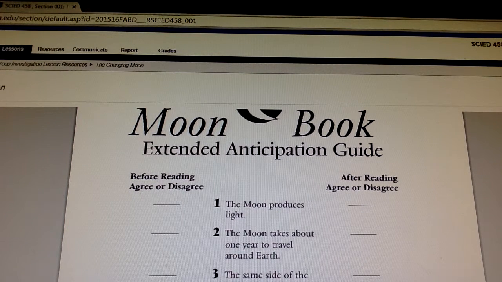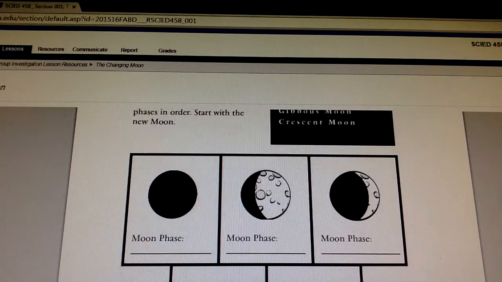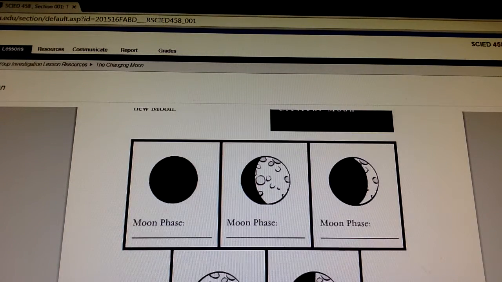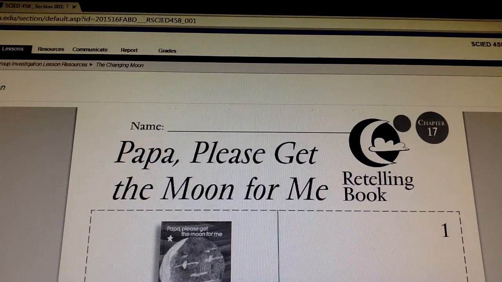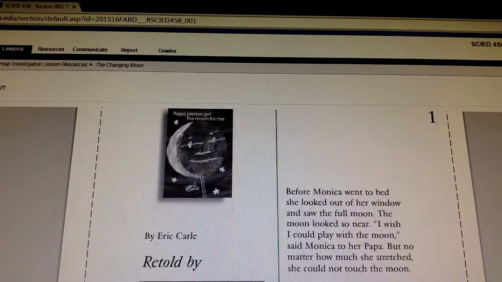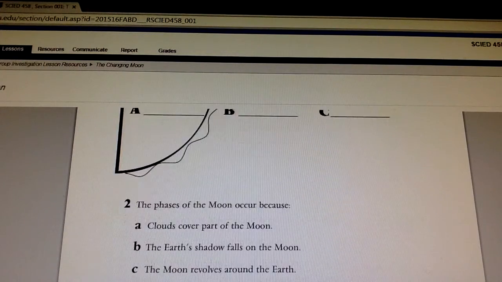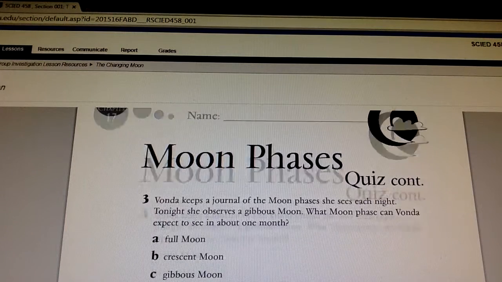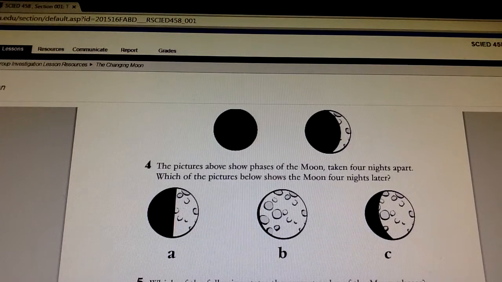So it'll be a good way to see if they are beginning to understand what's being taught. There's also small assessments, as well as a retelling book that they can use. So this is an amazing resource, and it has a wealth of information for both teachers and students in their understanding and their appreciation of the different phases of the moon.